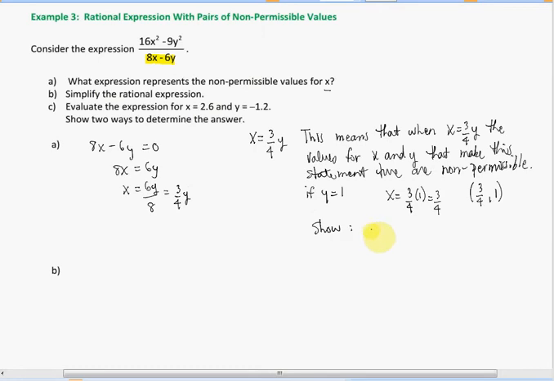X is 3 over 4, so we're going to go 16 times 3 over 4 squared minus 9 times 1 squared over 8 times 3 over 4 minus 6 times 1. And when we simplify the numerator and the denominator, we get 0 over 0. Now when you get 0 divided by 0, it's considered indeterminate.